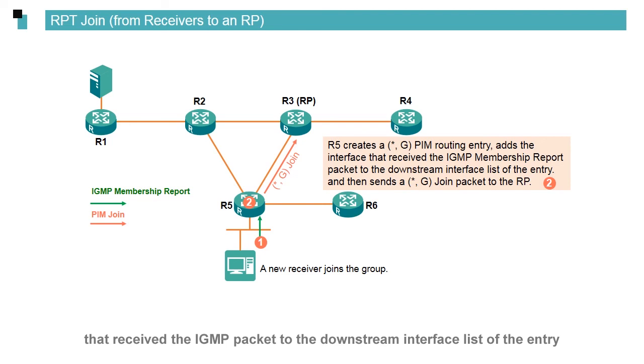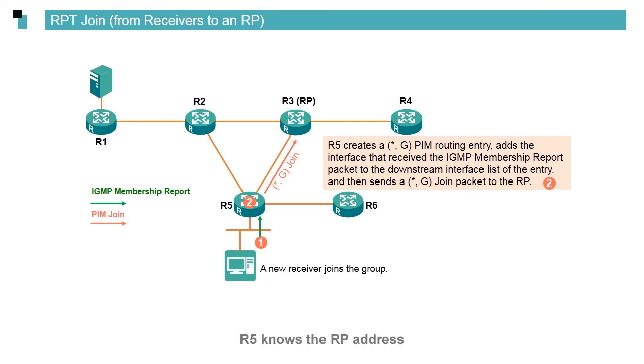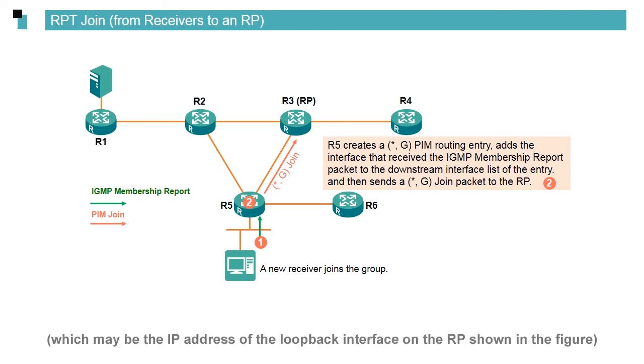of the entry, and sends the PIM join packet (*, 224.1.1.1) to the RP. R5 knows the RP address, which may be the IP address of the loopback interface on the RP shown in the figure, and can learn the route to the address through a unicast routing protocol, such as OSPF.